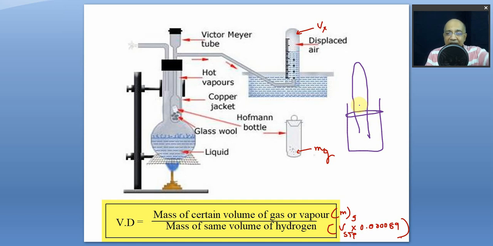By trial and error method, you push down, push up, and then fix at such a position where the level of water inside the tube and outside the tube are the same. So that is called leveling experiment.